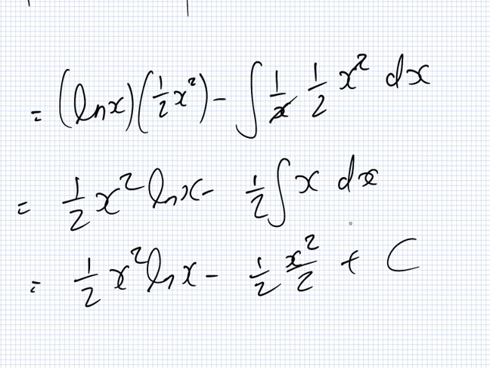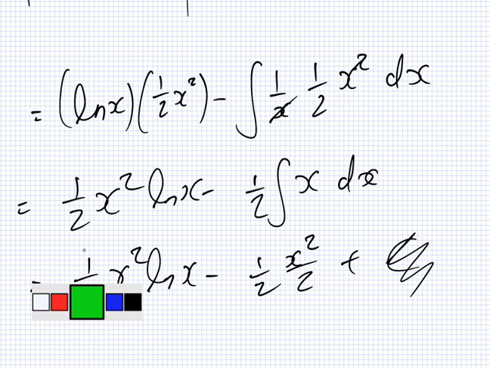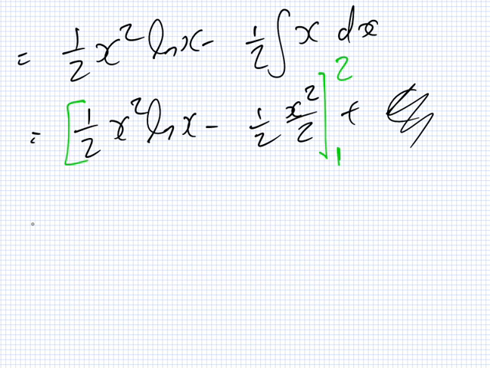I don't need the c actually, because I'm going to put limits in of 1 and 2. Okay, so if I put in 2 first, that would be 2 squared, which is 4, over 2, which is 2 log 2. Well, here's actually a 4. 2 squared is 4, 4 over 2 is 2, 2 over 2 is 1.